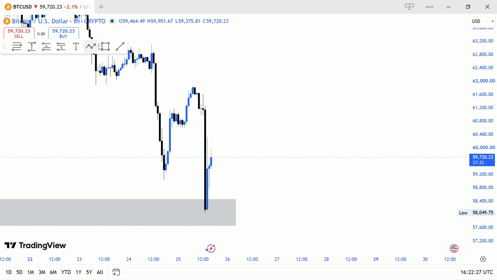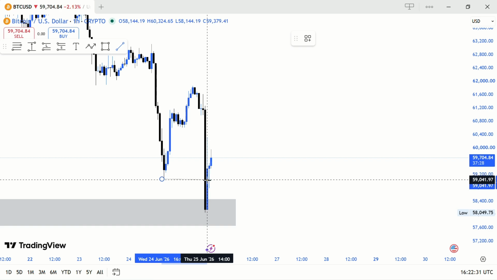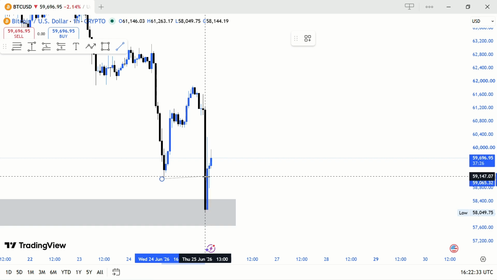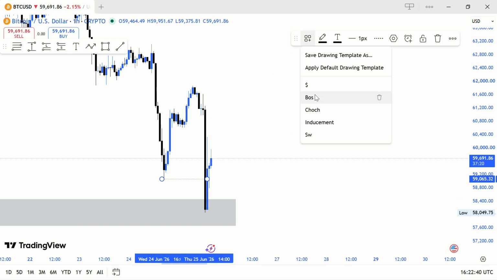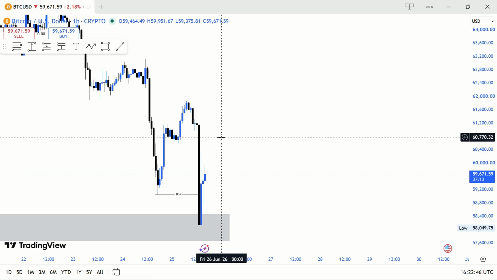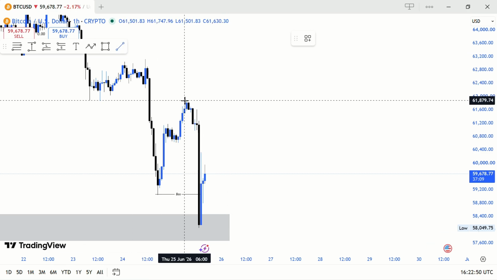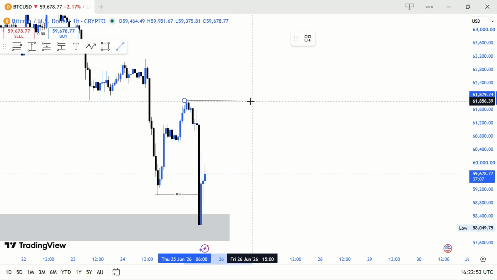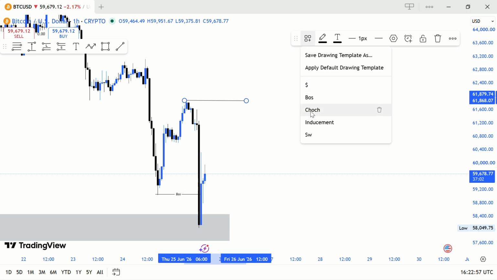You notice that this was our last order block to the downside. If you have been following my strategy, you know that I always keep it simple. So this is my order block to the downside, and obviously if the market breaks here, we know for sure it's a change of character.